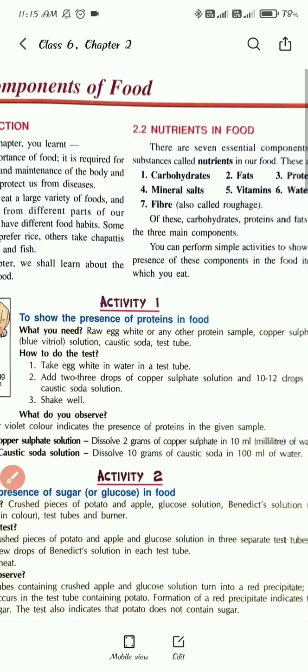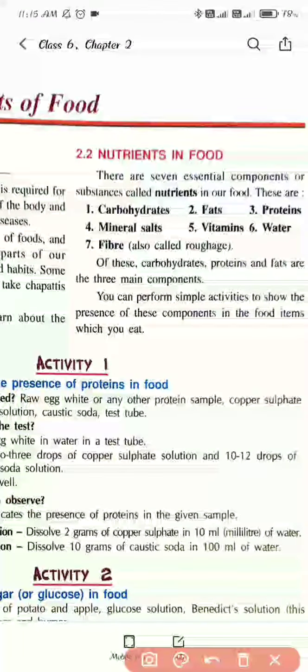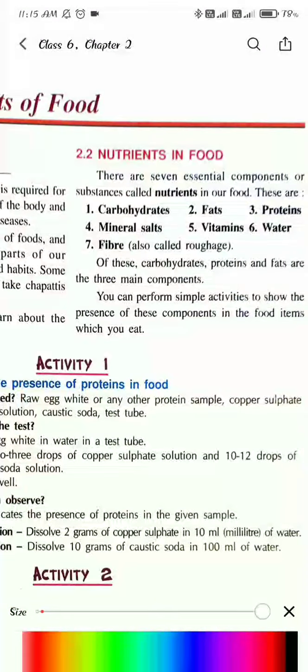Next, 2.2, nutrients in the food. There are different kinds of nutrients that are present in the food. So we learn about the nutrients. There are 7 essential components or substances called nutrients in our food. What are they?